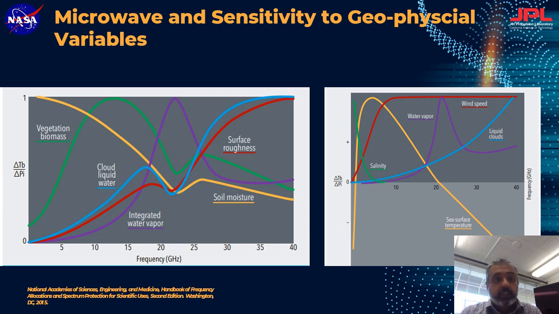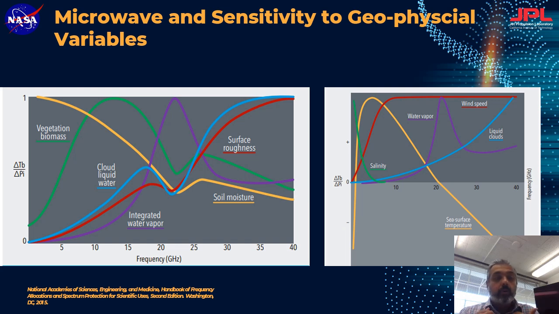So let's just pick one, for example. On the left side, if we took the purple line, right around 22 gigahertz, you'll see the peak for integrated water vapor. What that's telling you is we are most sensitive to integrated water vapor at 22 gigahertz, which makes sense because it's a water line.